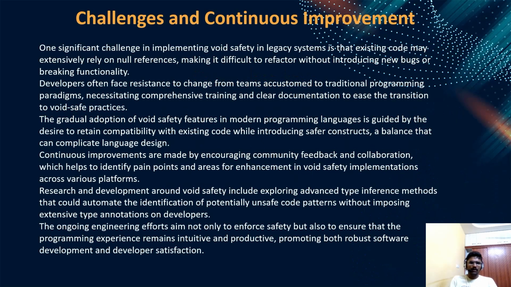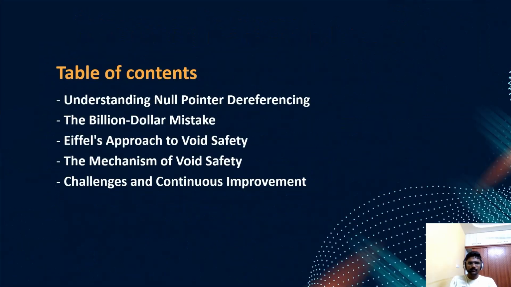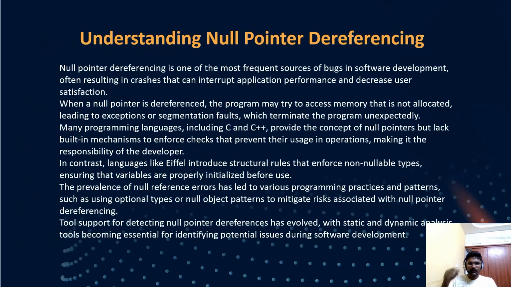So let us recap all these topics one by one, starting with understanding null pointer dereferencing. So what happens, mainly in game development, is that when a character is made to point to a null value, then this pointer is invalid.